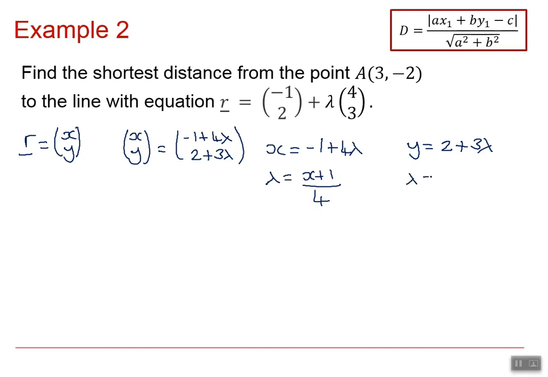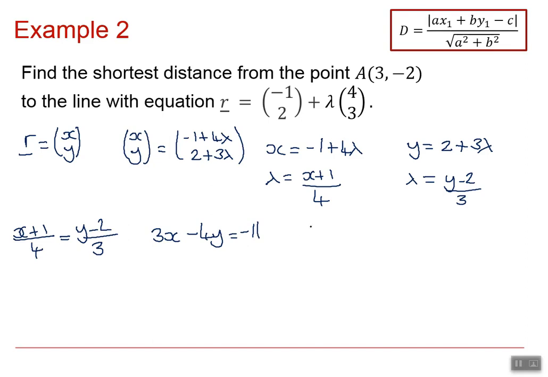And if we rewrite this one here, we get lambda equals (y minus 2) over 3. So the Cartesian equation of the line is (x plus 1) over 4 equals (y minus 2) over 3. And when we rearrange that, we end up with 3x minus 4y equals minus 11.